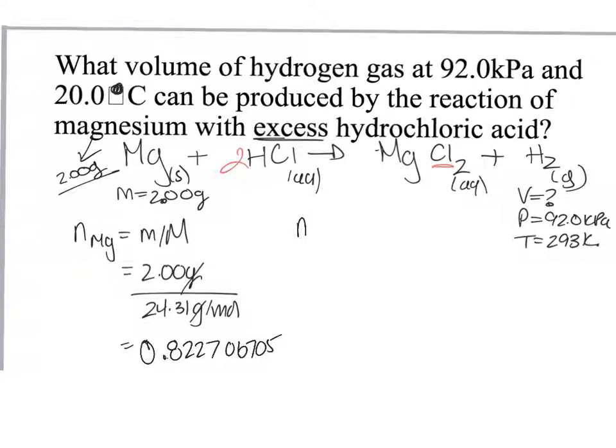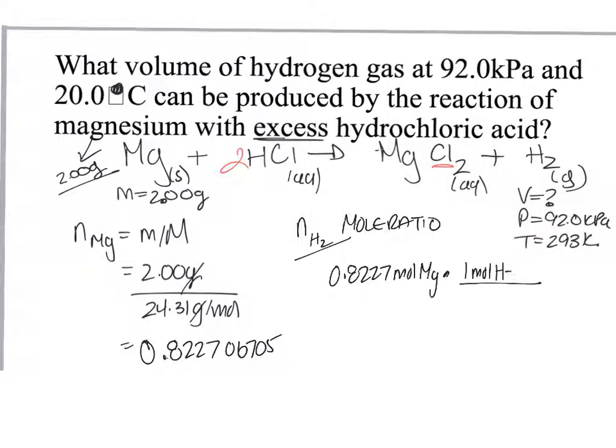Now we'd have to figure out the number of moles of hydrogen that we have by using the mole ratio. So we take the number of moles of the thing that we know, and then we times it by the mole ratio. So we have 1 mole of hydrogen and 1 mole of magnesium, so it would be exactly the same. But now it's moles of hydrogen.